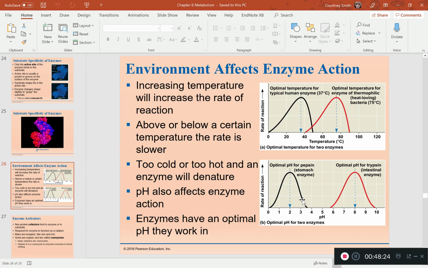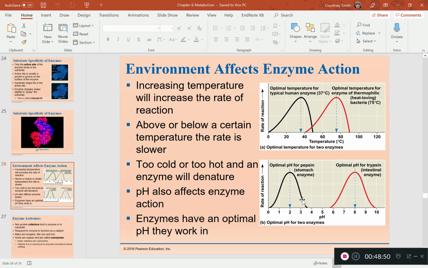Sometimes you can heat it back up and put it back in its optimal temperature, and it'll still function. It may not function at 100%. It may only do like 85% productivity, but it can still function. But definitely know the concept of high temperature, low temperature, and pH values, and how they affect enzyme productivity or work.